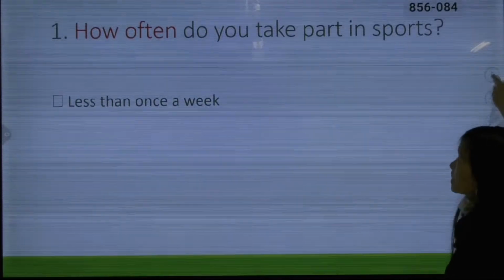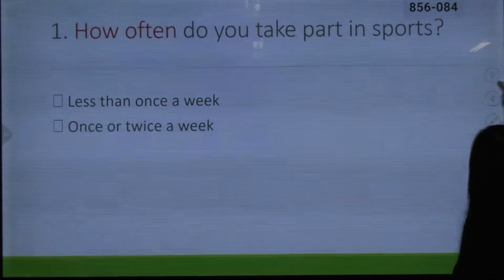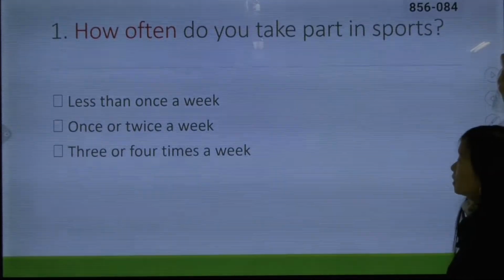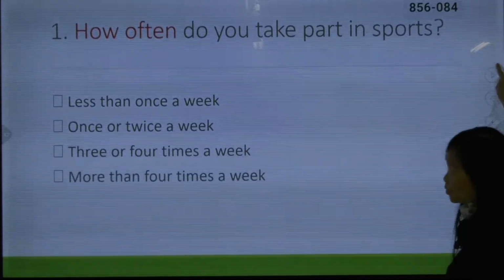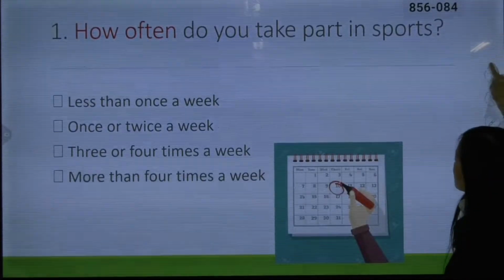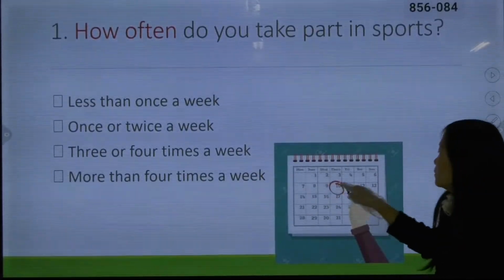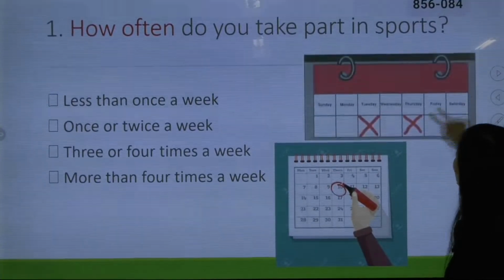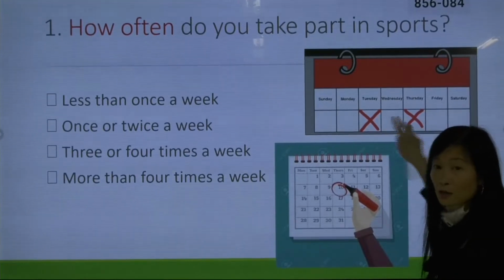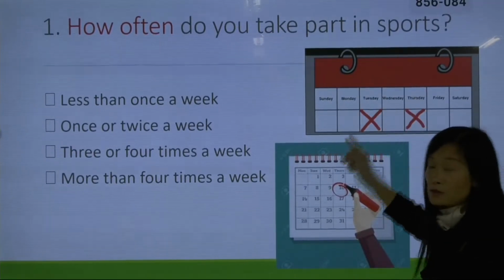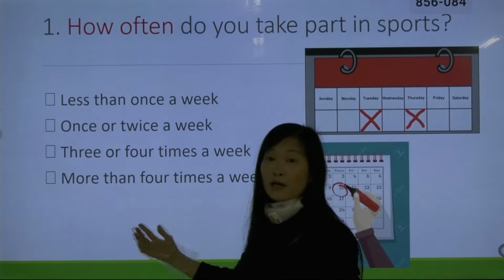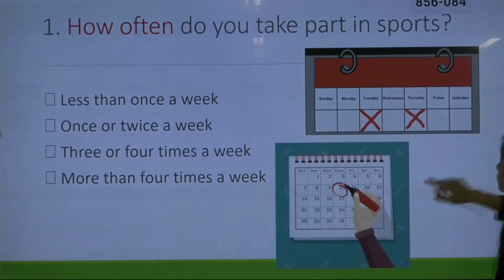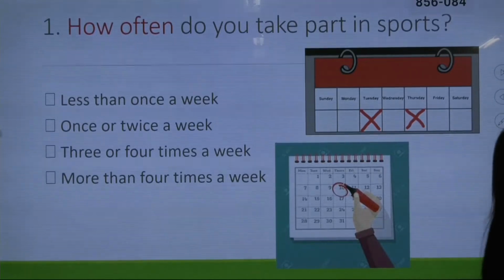You can have less than once a week, once or twice, 3 or 4 times a week, or more than 4 times a week. So once in a week, and twice, or 2 times in a week. This is how often you do your sports. So try to answer this question with your own answer. And next one.